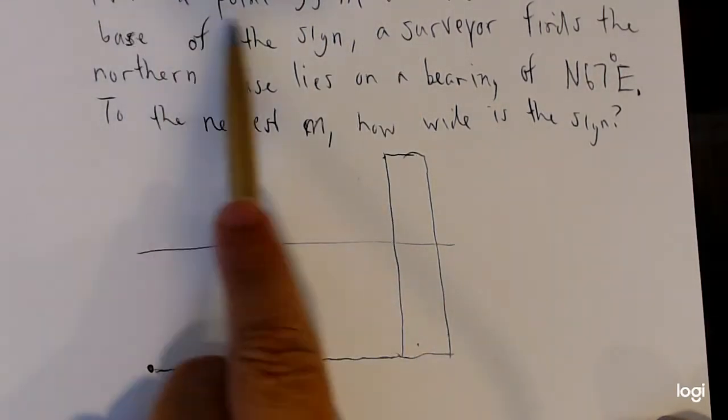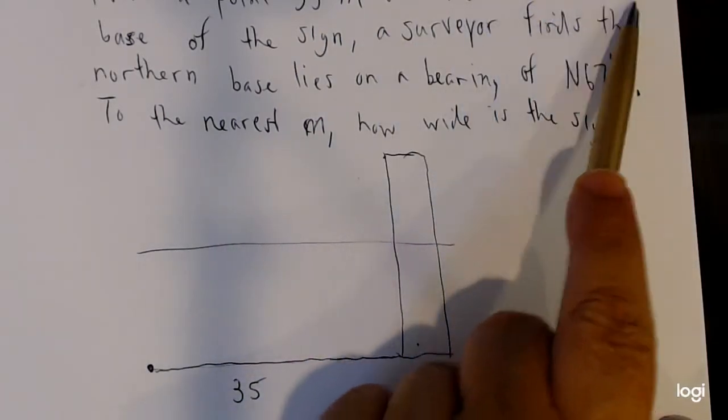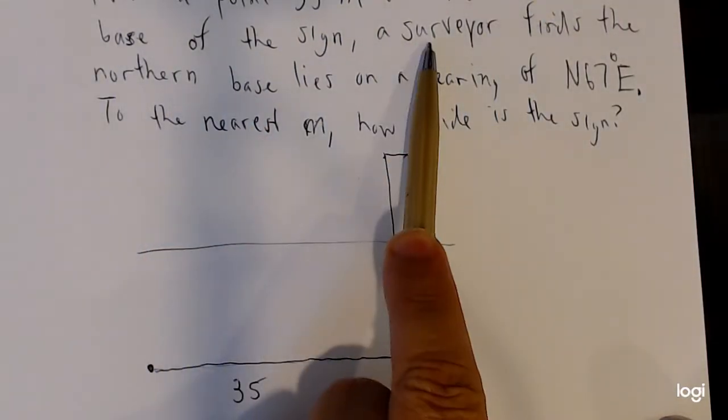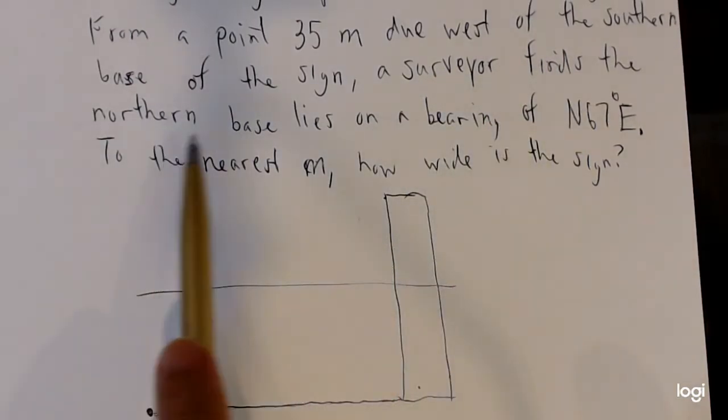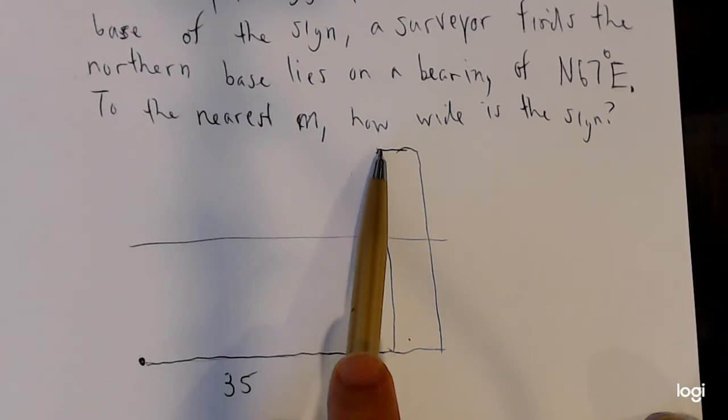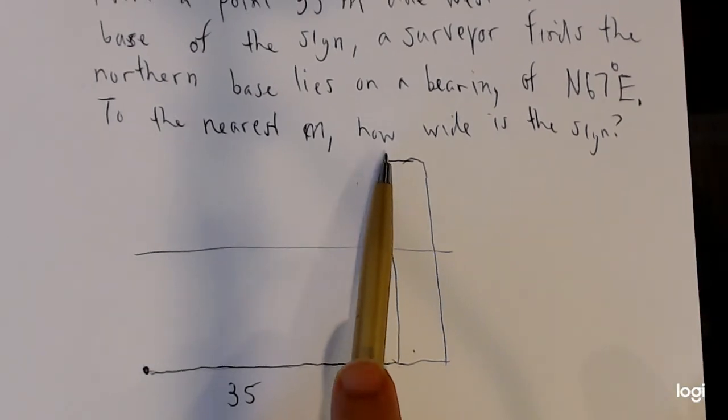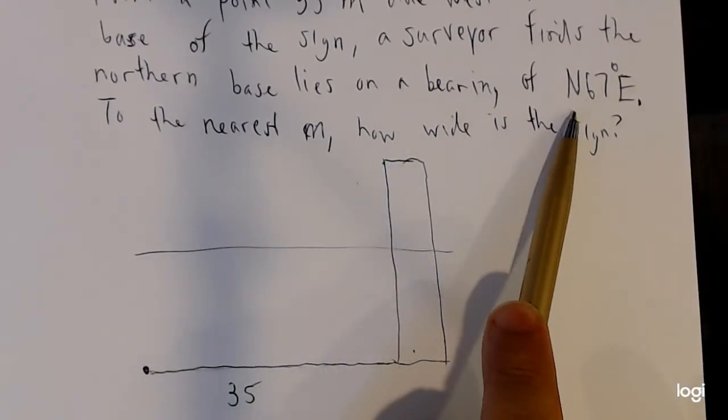So that's what, from a point 35 meters due west of the southern base of the sign, a surveyor finds the northern base, which there is the northern base, right? Lies on a bearing of north 67 degrees east.